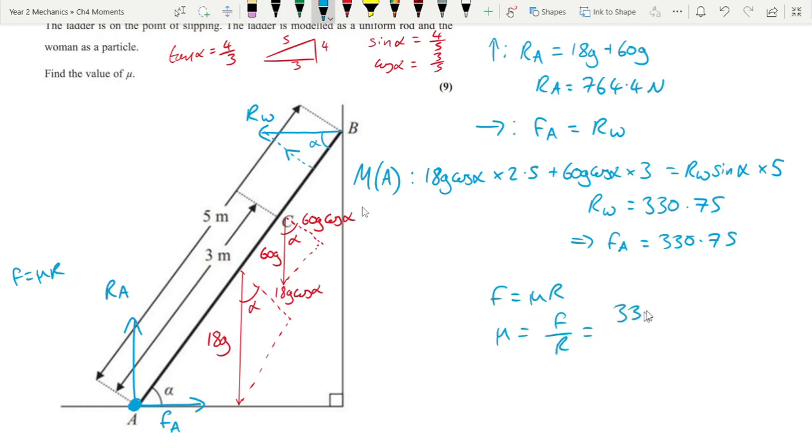So we've got 330.75 over 764.4, so mu, the coefficient of friction, is about 0.43. There we are. So it's just about putting together all the things that we already know how to do, but also being accurate when we do those.